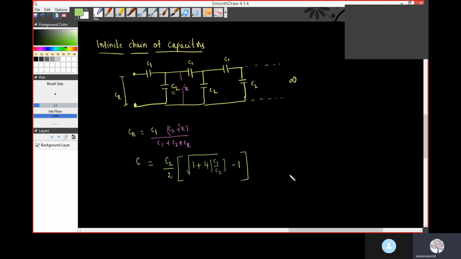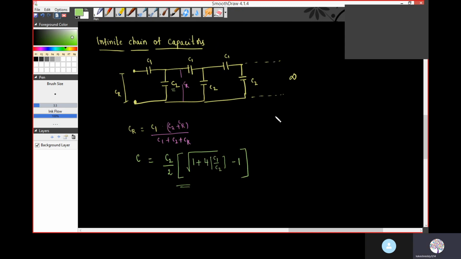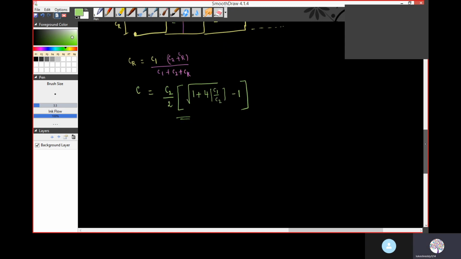Just substitute and you will get the answer. Generally C1, C2 will be like 1, 2 or something like that, so it is very easy to calculate. Directly you will get the answer. C is equal to C2 by 2 into root of 1 plus 4 C1 by C2, minus 1. Very easy formula based. That is the infinite chain.